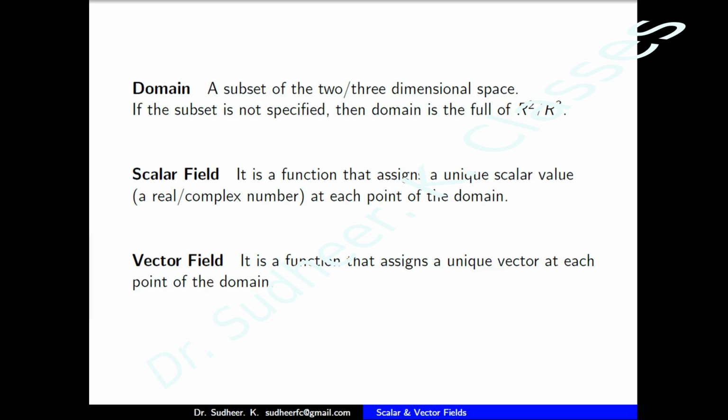Number two, scalar field. It is a function that assigns a unique scalar value at each point of the domain. By a scalar, we mean either a real number or a complex number. Number three, vector field. It is a function that assigns a unique vector at each point of the domain.